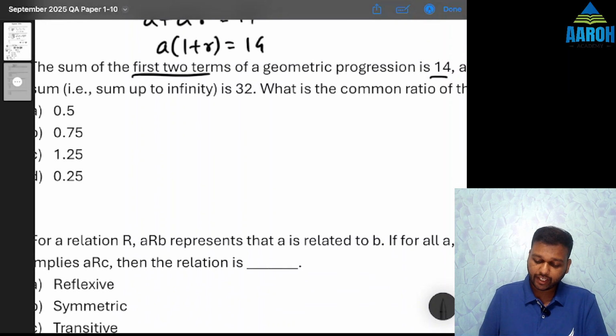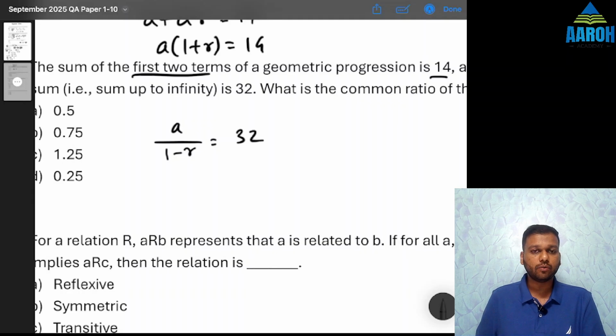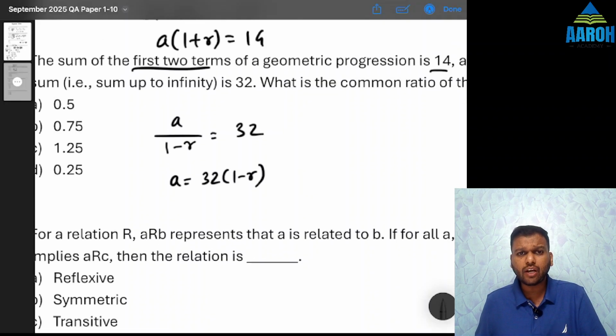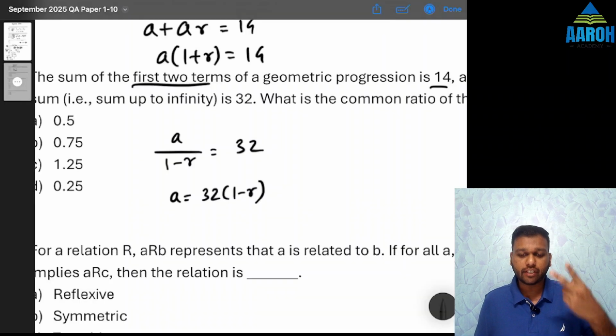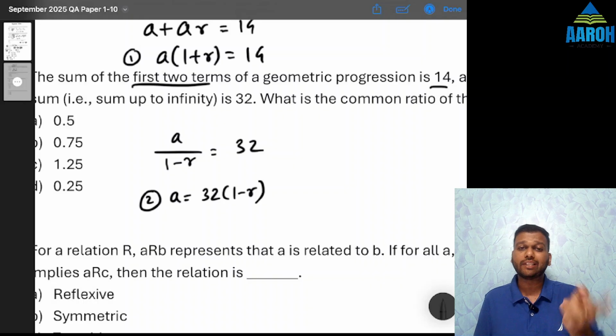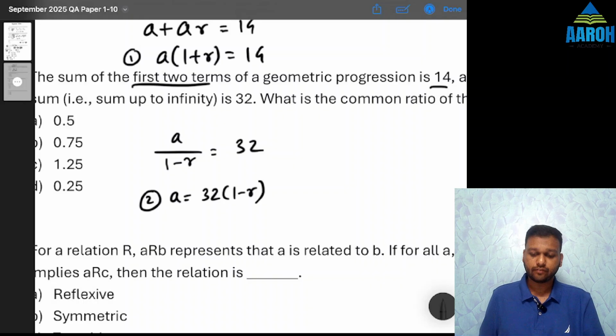Second equation is what they are saying, sum up to infinity. Sum up to infinity is what? A upon 1 minus R is 32. That means A is equal to 32 into 1 minus R. Now, can I say we have two equations with two variables A and R. So we can solve this.